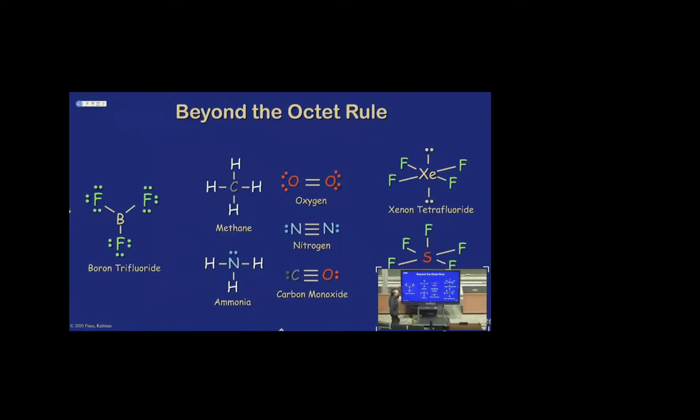Okay, so here is a summary of the octet rule. Here are some compounds obeying the octet rule. Oxygen with its 6 valence electrons, so 12 electrons total, 2, 4, 6, 8, 10, 12.